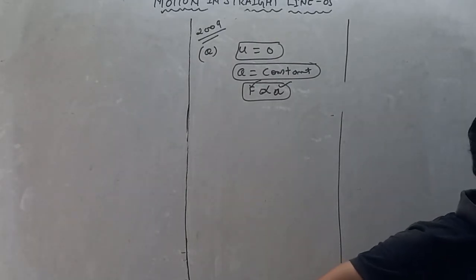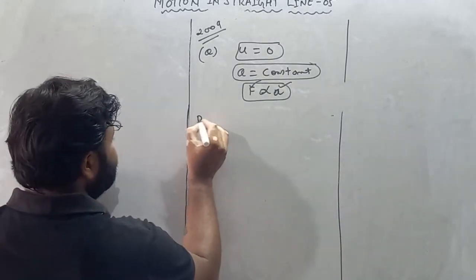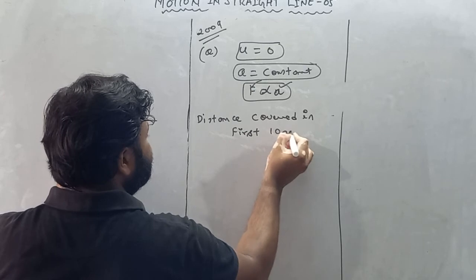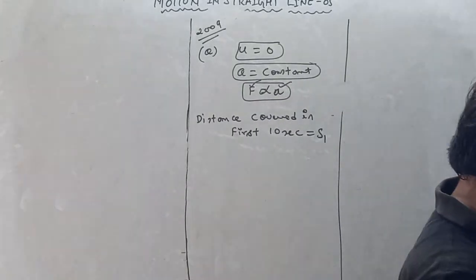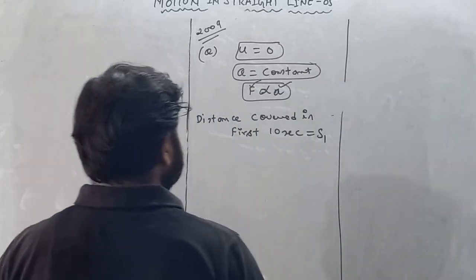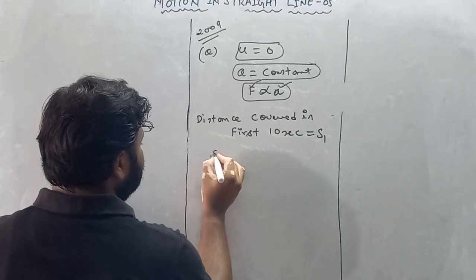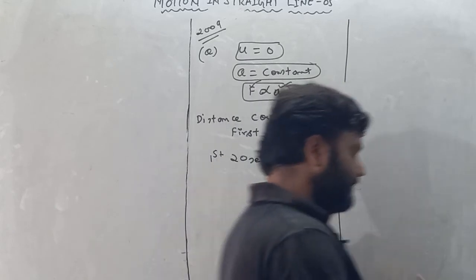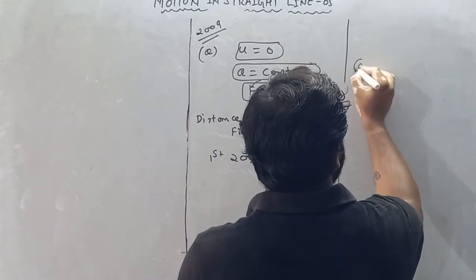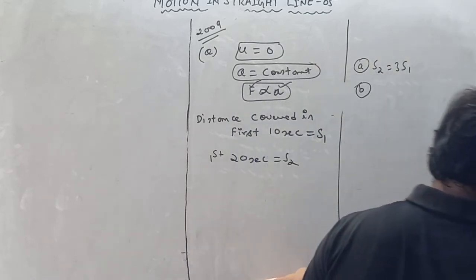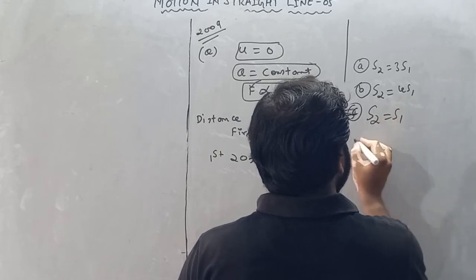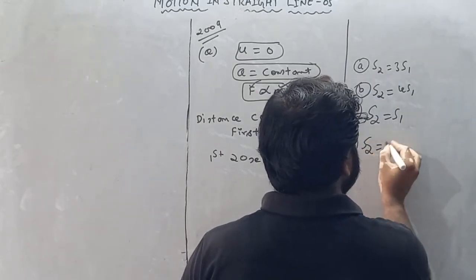If the distance covered in first 10 seconds is s1, and that covered in first 20 seconds is s2, then the options are: A option is s2 is equal to 3 times s1, B option is s2 is equal to 4 times s1, option C is s2 is equal to s1, and option D is s2 is equal to 2s1.